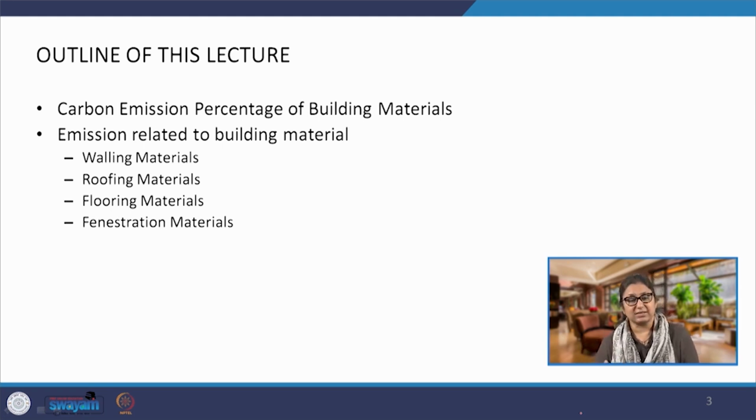We might be using acids or some other specific gases or some other materials which, when they react with other agents, will release certain greenhouse gases. So, this is part of processes. They are lesser, but not totally insignificant. It is roughly around 10% that we will see for a lot of different materials, and of course, it will vary. So, these are the emissions that we are talking about, and this is what we are going to see when we look at emissions for different types of building materials.